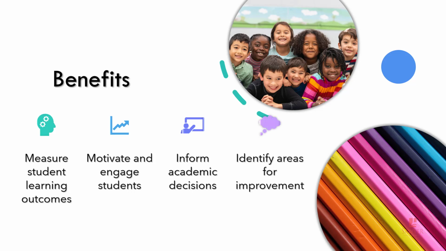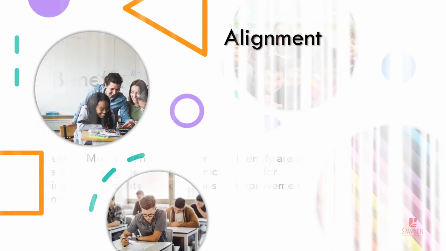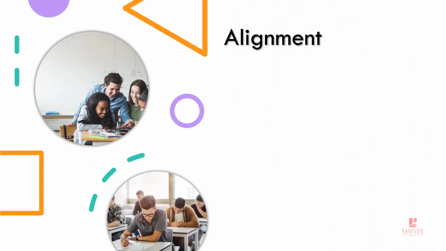And then, of course, it helps us to identify areas for improvement for both the student and the teacher. Okay. And then, of course, our alignment. We need to make sure that our exams are aligned with our outcomes. That goes without saying. Everything needs to be aligned with our outcomes.